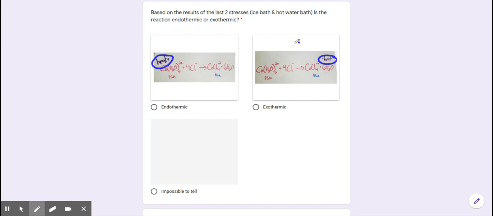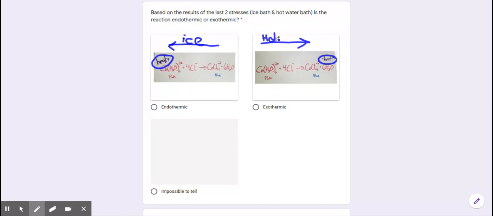Now, when we put it in ice, it shifted this way. It turned pink. When we put it in the warm water bath, it shifted towards the product side. So that's a little indicator.